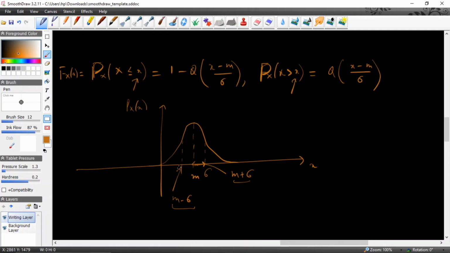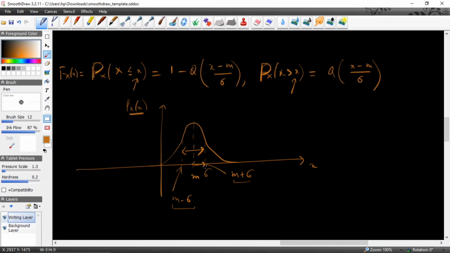So we will try to find the probability of the Gaussian random variable being between m minus sigma and m plus sigma, or m minus 2 sigma and m plus 2 sigma. That is, what is the probability of getting the random variable x between m minus sigma and m plus sigma, that is mean plus minus sigma?